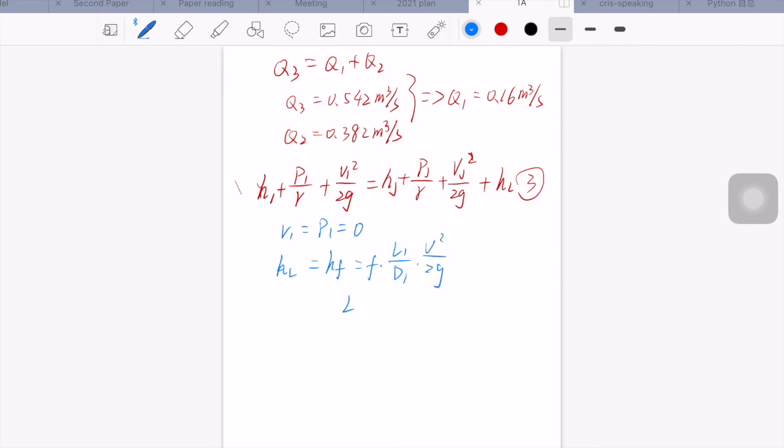We know the L1 is 1,900 meter, and D1 is 0.3 meter. The e equals 0.6 millimeter. So we can know e divided by D equals 0.002. And from the Moody diagram, we can find the f equals 0.0235.